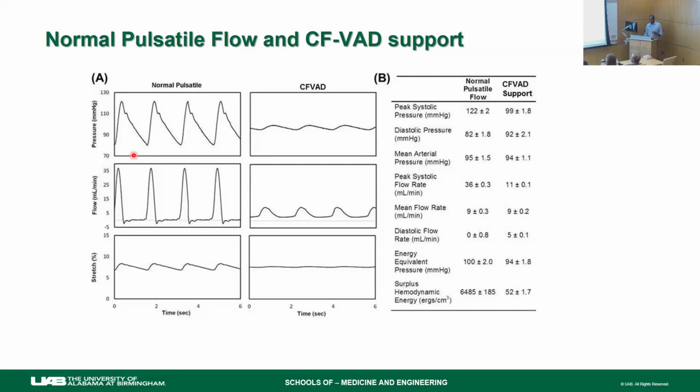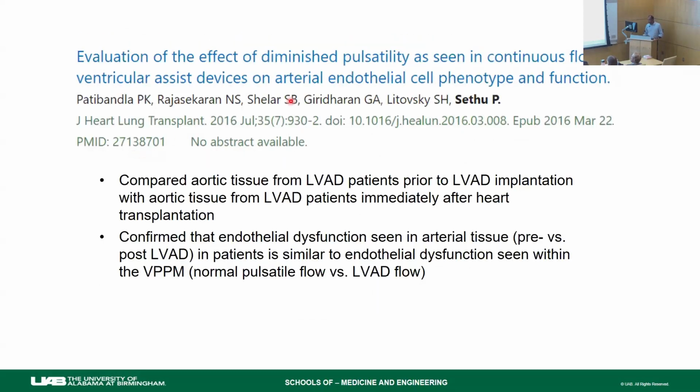So once we had these waveforms ready, we had the cell culture model ready, we needed to validate our models to make sure they model human arteries. So we published a paper in 2016 where we took aortic tissue from these LVAD patients before they got the VAD. So their aorta experienced only pulse style flow to that point. And then we also got aortic tissue from these patients immediately after they got a heart transplant.